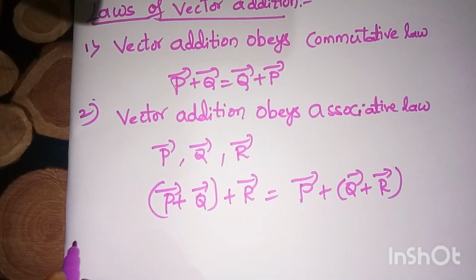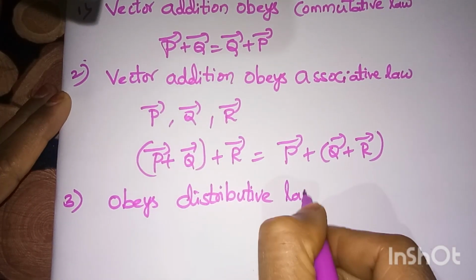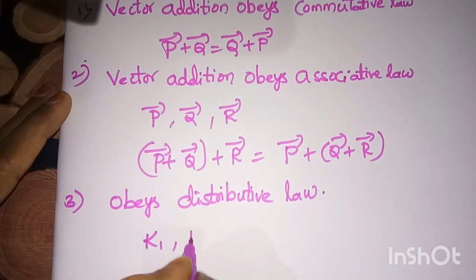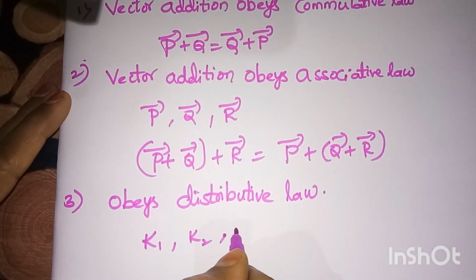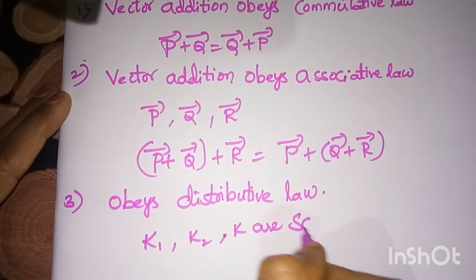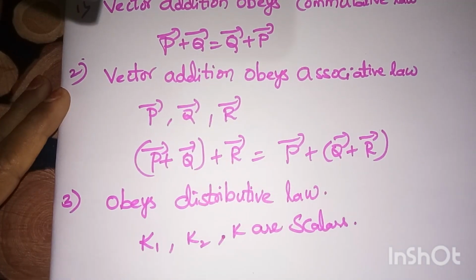Another one: vector addition obeys the distributive law. What is the distributive law? Let k1, k2, k be scalars. I said that scalars are represented with alphabets.